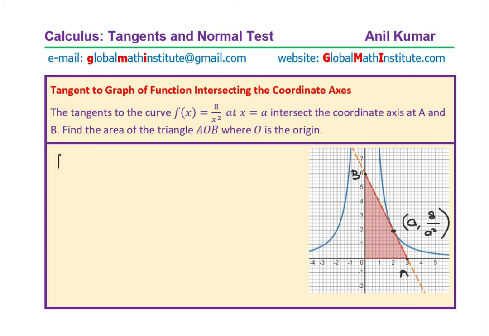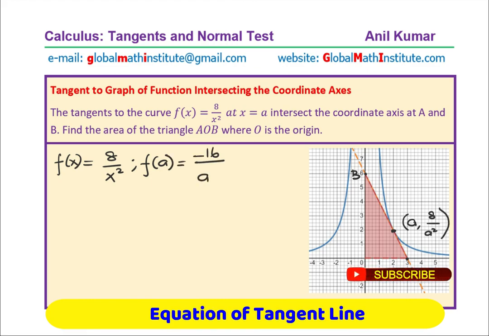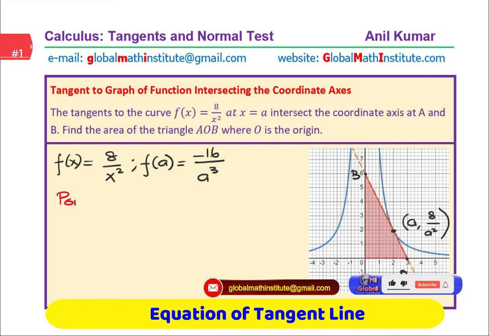So once again, we have the function f of x, which is 8 over x squared, whose derivative at A is minus 16 over A cubed. So what is going to be the equation of the tangent line? Well, we can use the point-slope form, right? That is best to use in such cases.